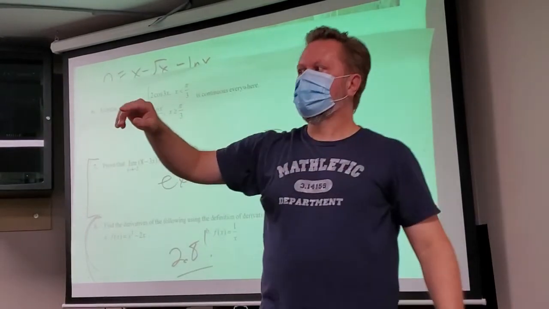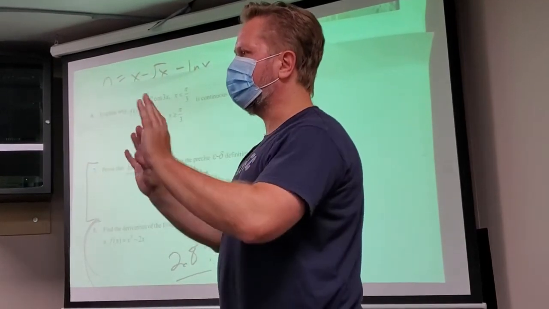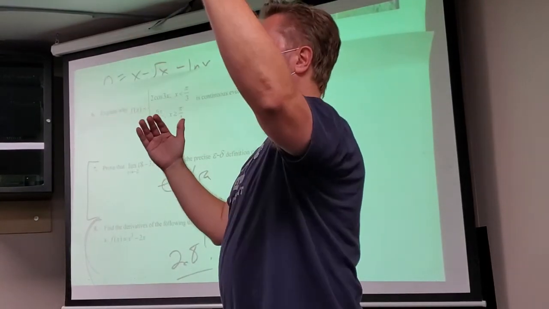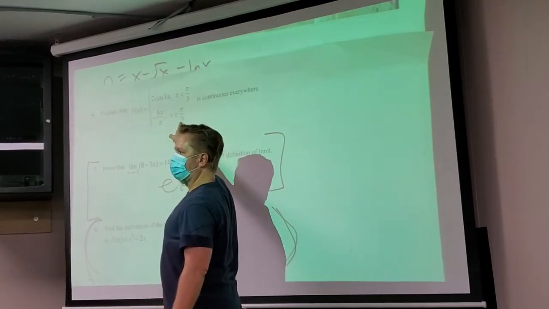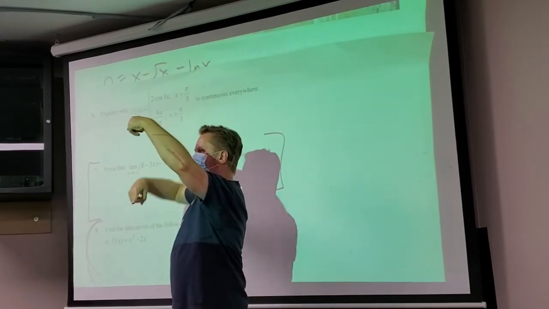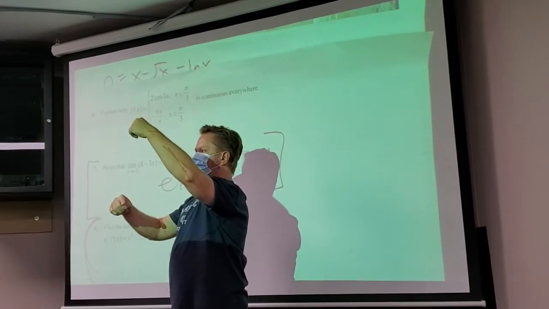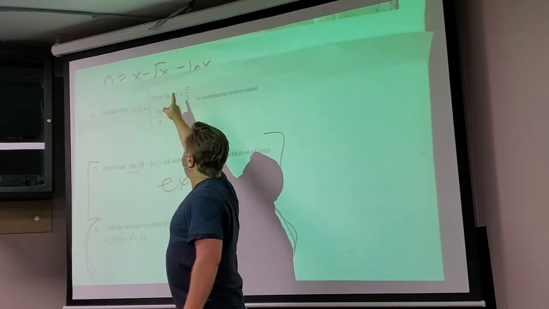What are you plugging in? What's the only place where this whole function could collapse, could not be continuous? Is here. If this goes here and this goes here, it's not continuous. They have to have the same value at pi over 3.